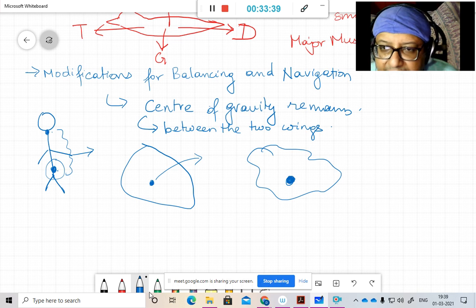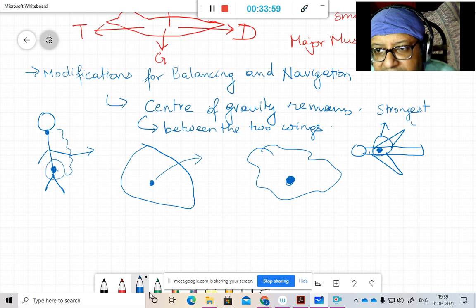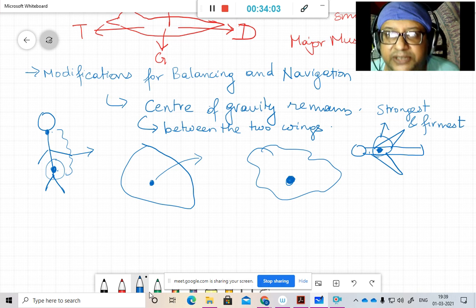But in the case of a bird, or any flying animal, the center of gravity is between the wings, so this region is the strongest and firmest region.